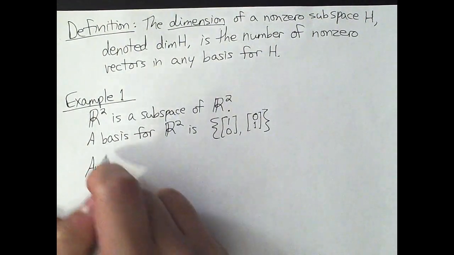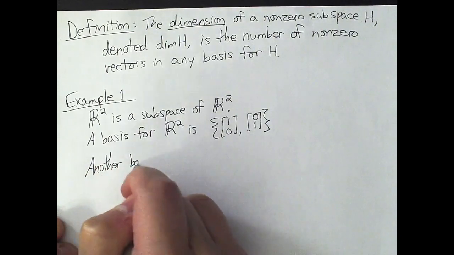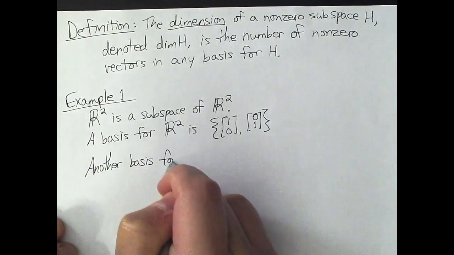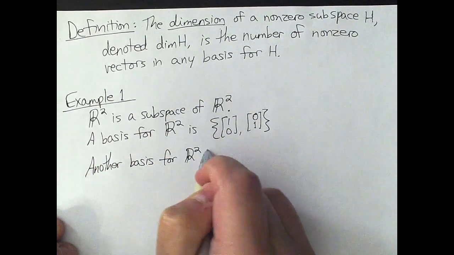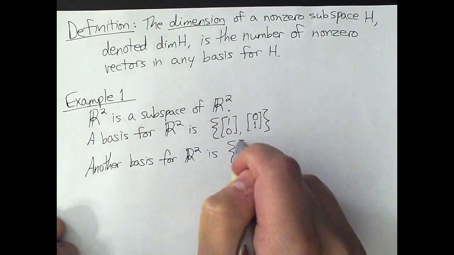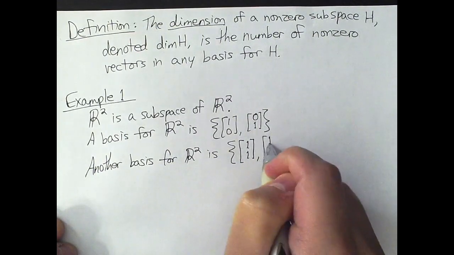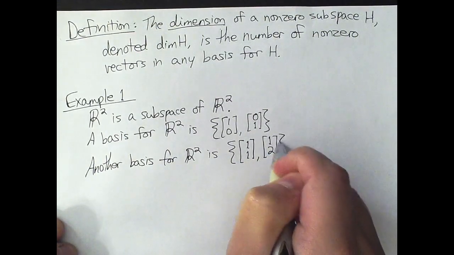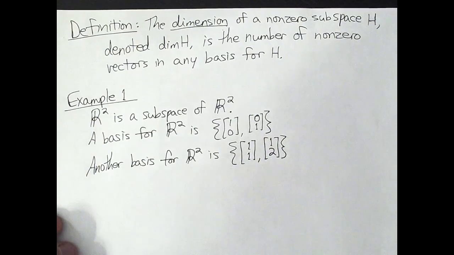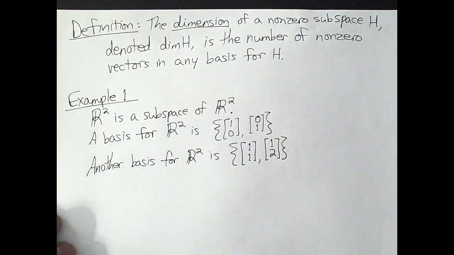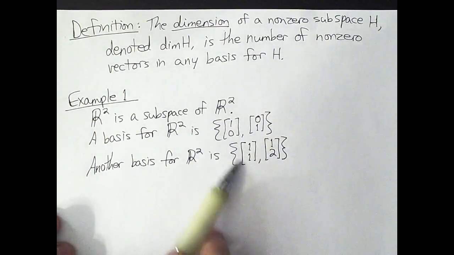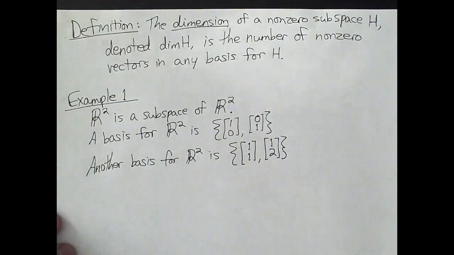Another basis for R2 is this set of two vectors, which is also linearly independent and also spans R2. We could prove that. Notice that they both have two vectors.